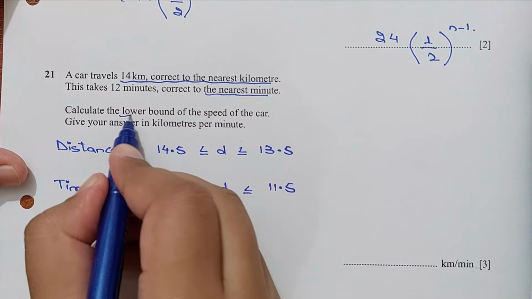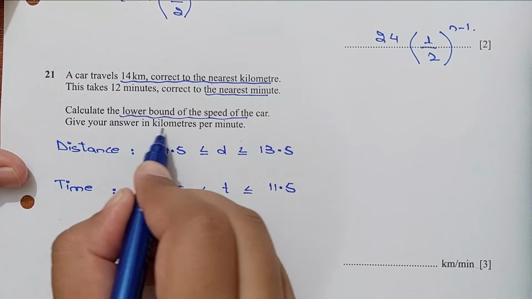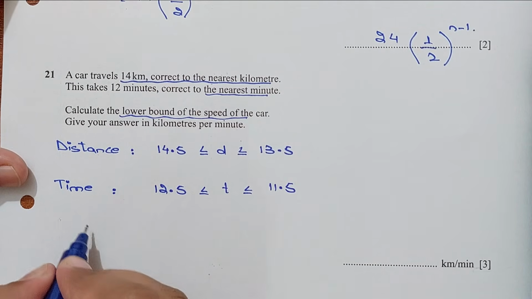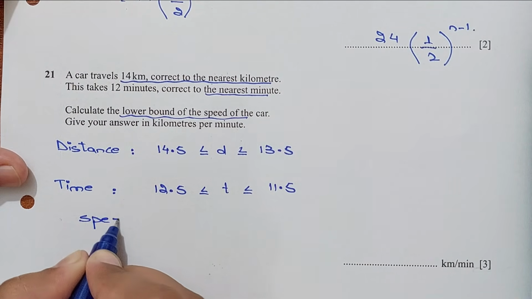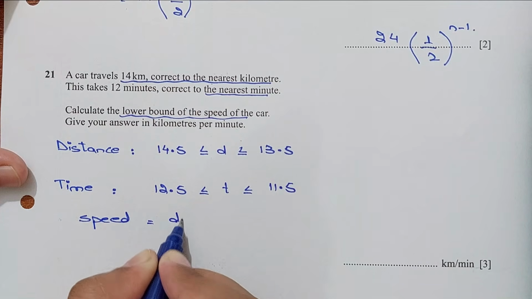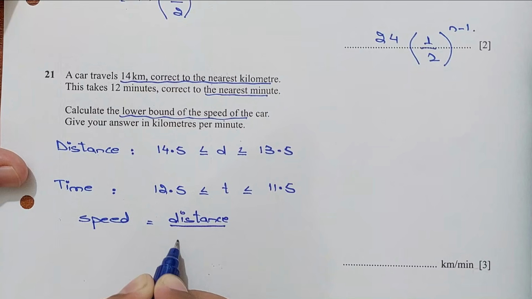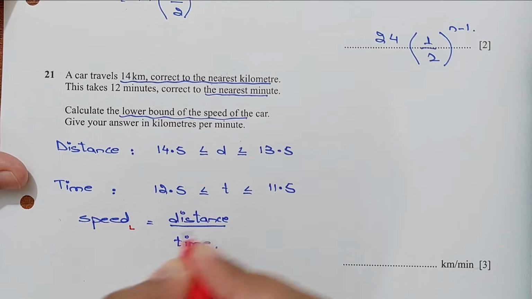Calculate the lower bound of the speed of the car. Give your answer in kilometers per minute. We have to find the speed. Speed equals distance over time. To find the lower bound for speed, we use the lower bound of distance and the upper bound of time.